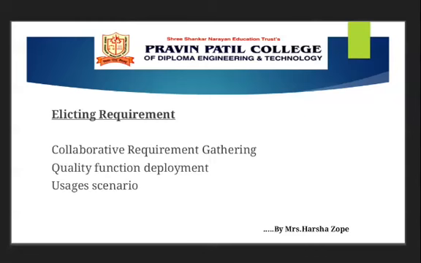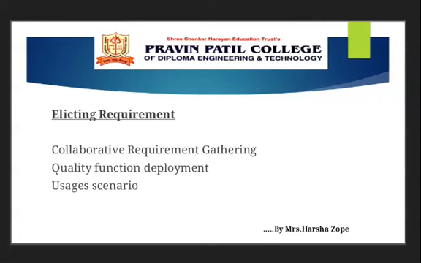Facilitated application specification technique, also called FAST, is an approach in which a joint team of customer and developers work together to identify the problem, propose elements of solution, negotiate different approaches and prepare a specification for a preliminary set of solution requirements. There are some guidelines for the FAST approach.